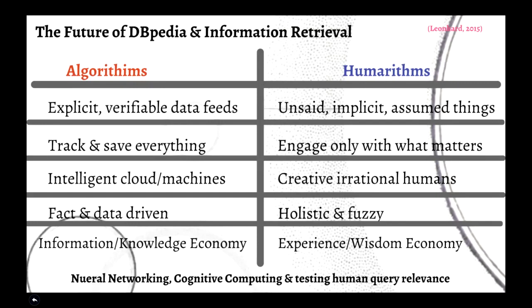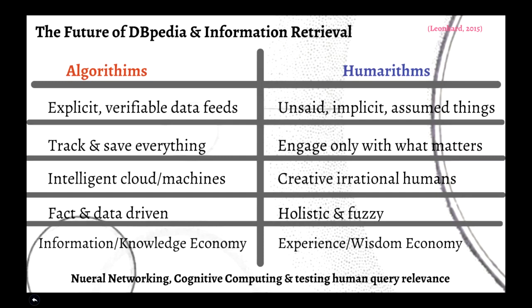Finally, algorithms are part of the information knowledge economy. So there is an economy that is built around these algorithms to retrieve data in linked open data being connected to information in the semantic web, as DBpedia has done.